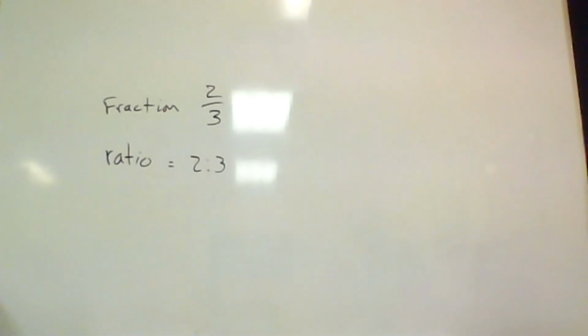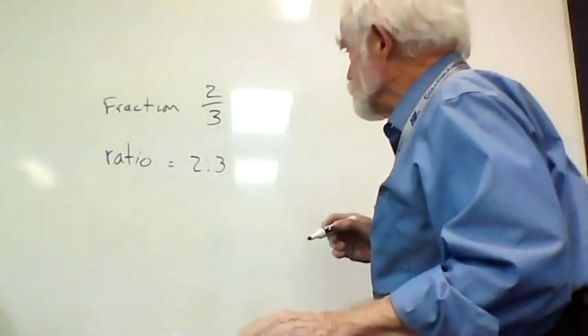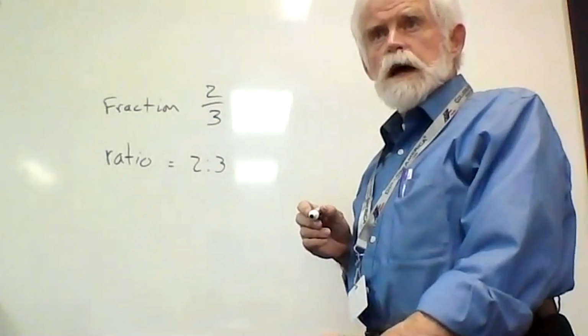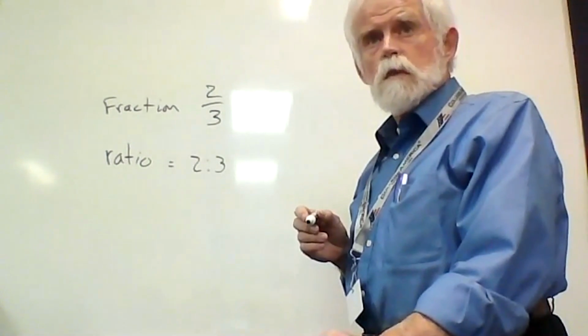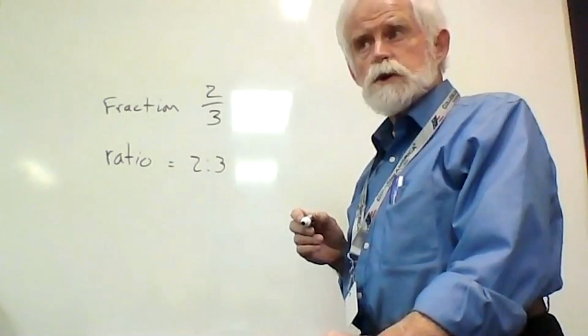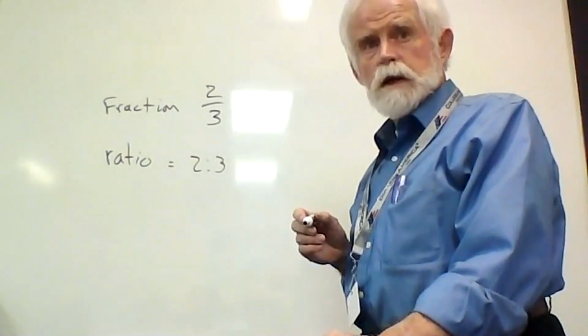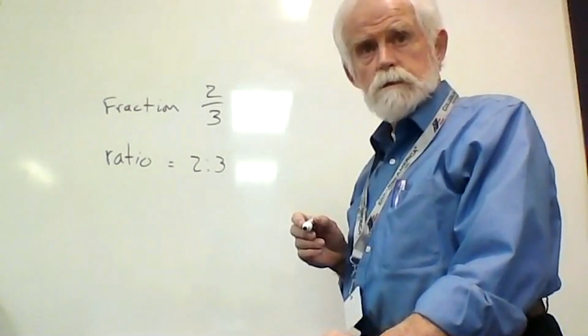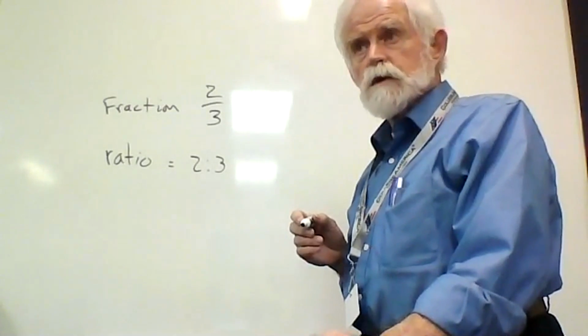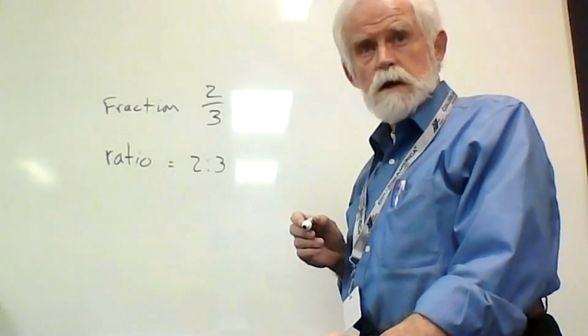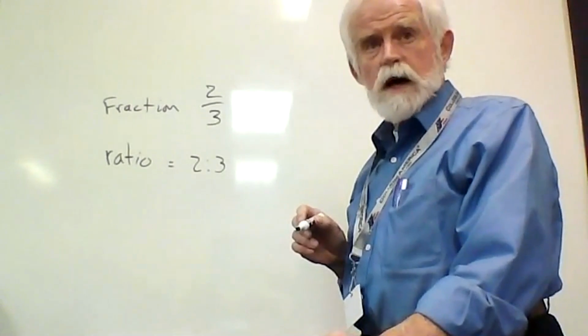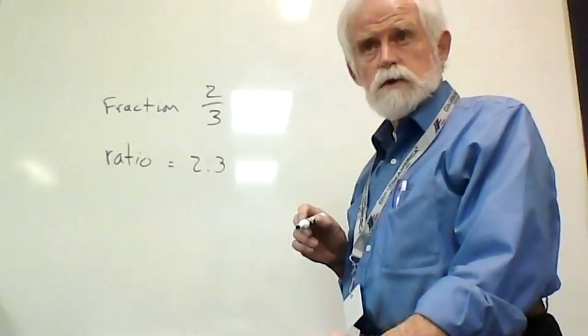Now you all know that if I take this fraction and multiply both numerator and denominator by the same factor, I'm going to have a fraction that has the same relative value as the original.